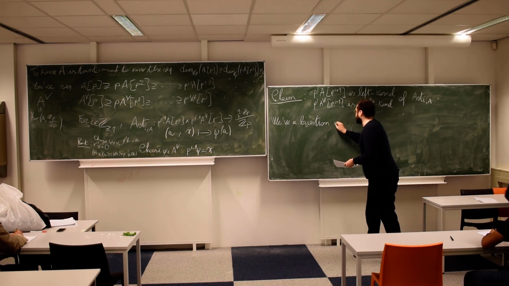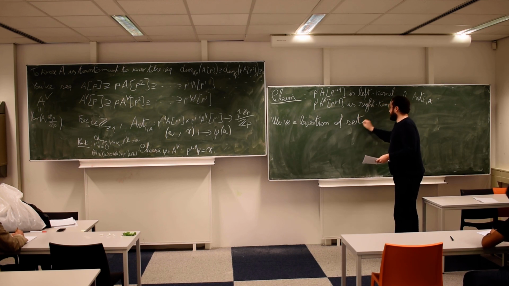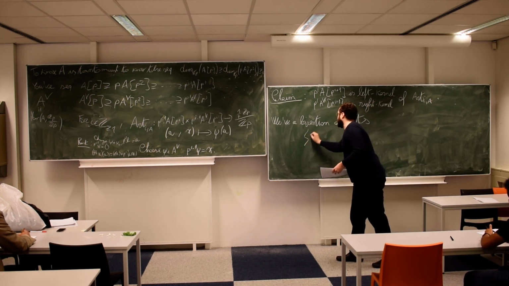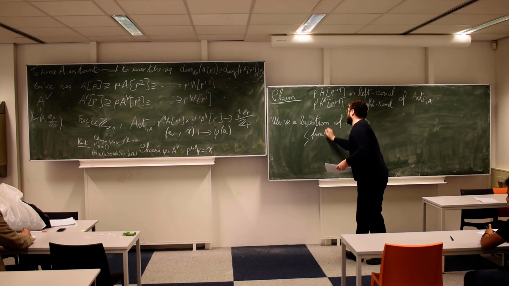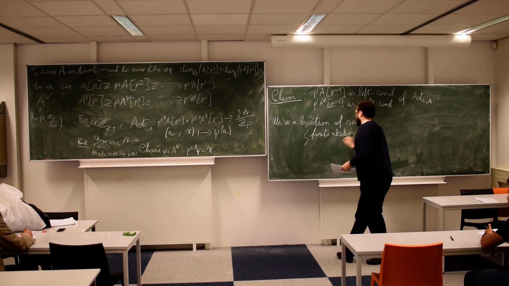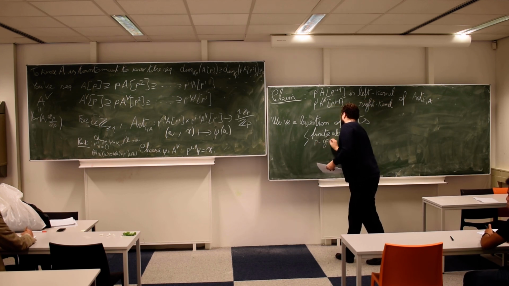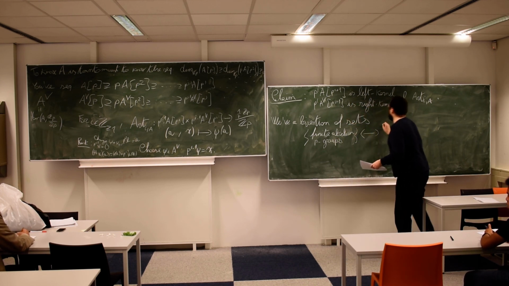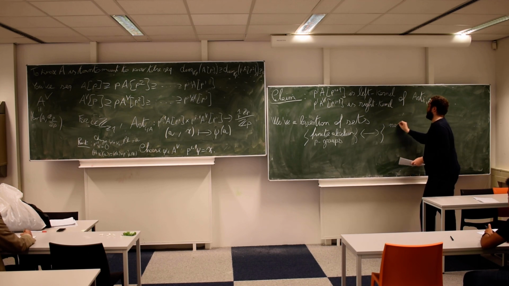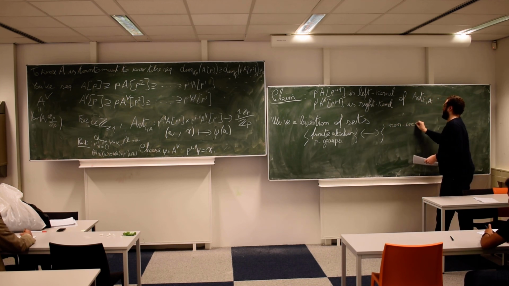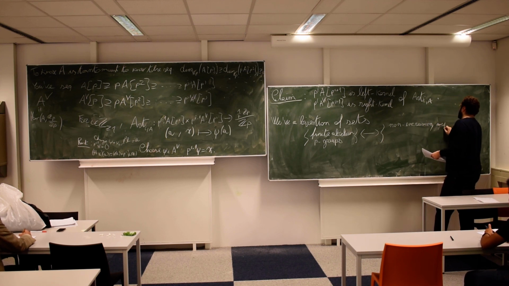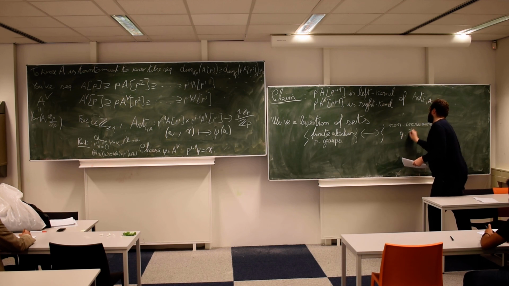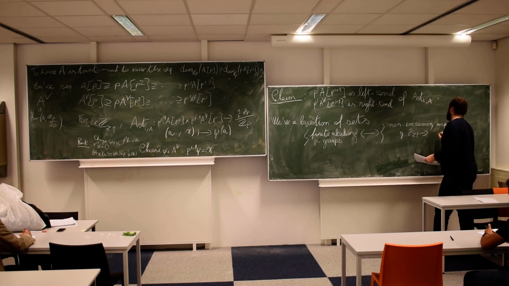So we have a bijection of sets from finite abelian p-groups to non-increasing maps g going from Z into Z, eventually 0.